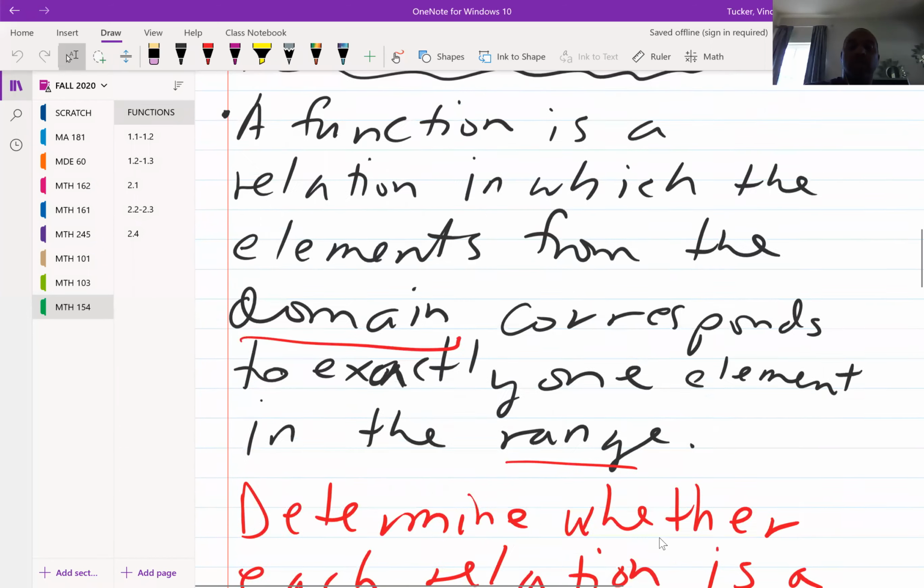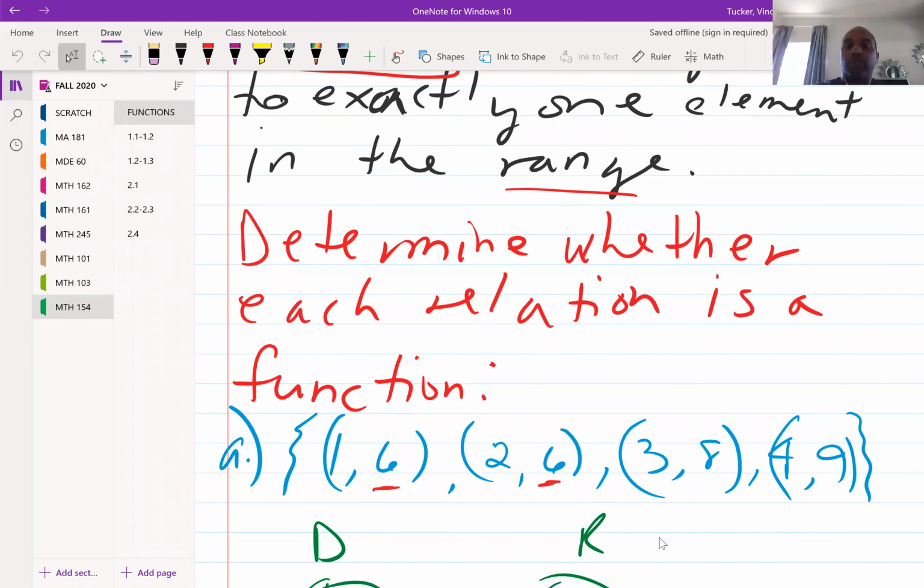All right. So, directions: determine whether each relation is a function.